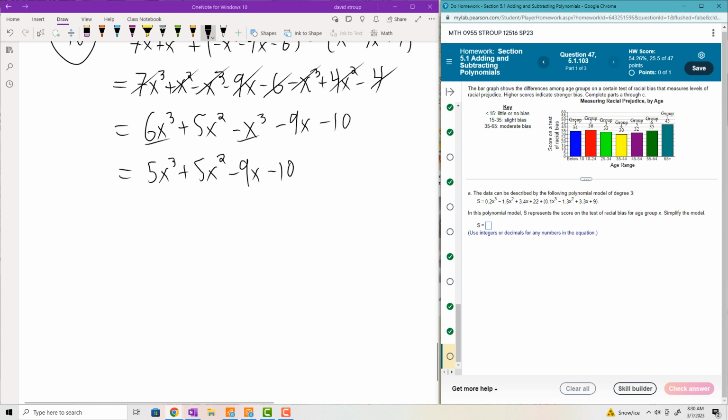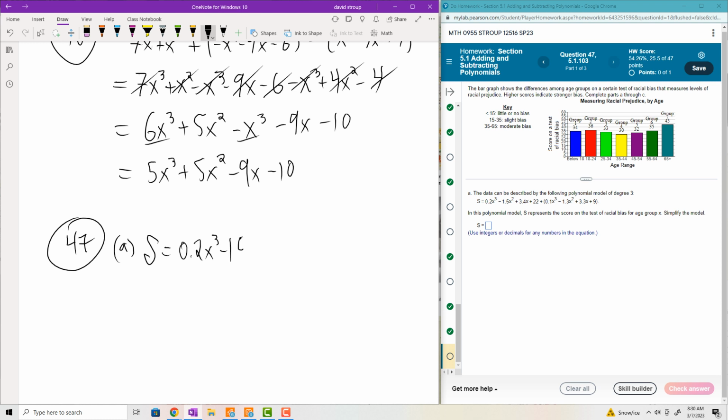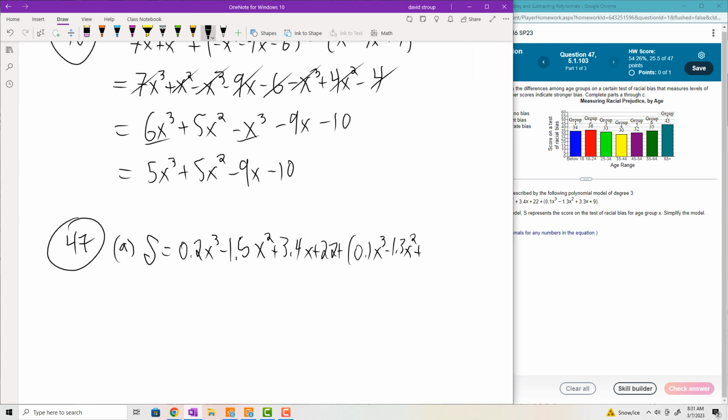Okay, 47 is another story problem. So first they give you a model S, which represents racial bias in an age group. Okay, so part A, they give you this model S, which is 0.2 x cubed minus 1.5 x squared plus 3.4 x plus 22 plus 0.1 x cubed minus 1.3 x squared plus, I'm running out of room, 3.3 x plus 9.